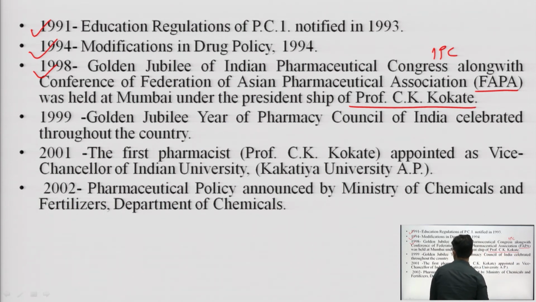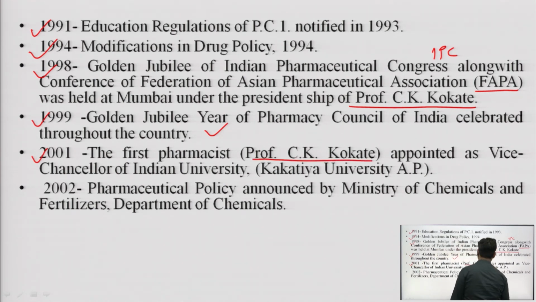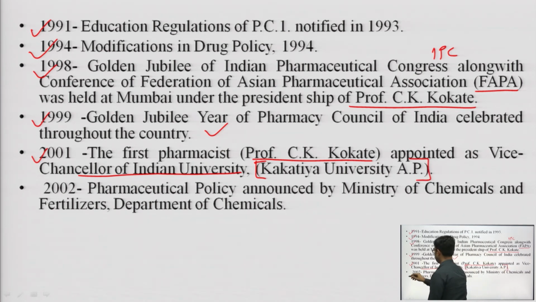In 1999, Golden Jubilee Year of Pharmacy Council of India celebrated throughout the country. In 2001, the first pharmacist, Professor C.K. Kokate, was appointed as Vice Chancellor of any Indian university, and the name of the university was Kakatiya University in Andhra Pradesh. It is situated in Warangal.